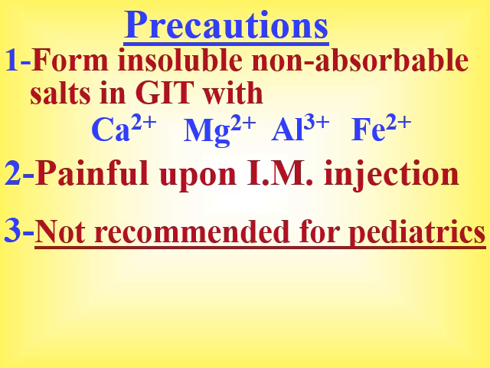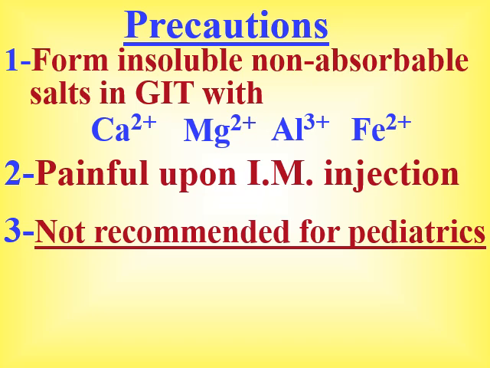The third precaution while taking tetracycline, it is not recommended for pediatrics and children. Why? Because it undergoes chelation with calcium, forming an insoluble complex which will precipitate in the teeth, causing dark colored teeth and deprive bones and teeth.